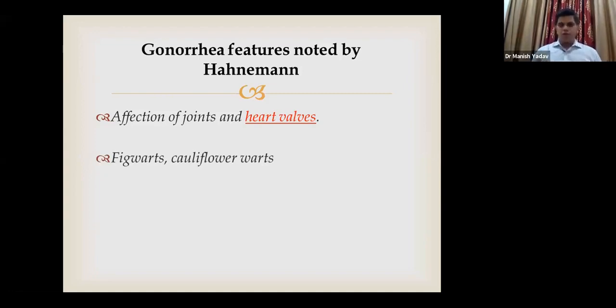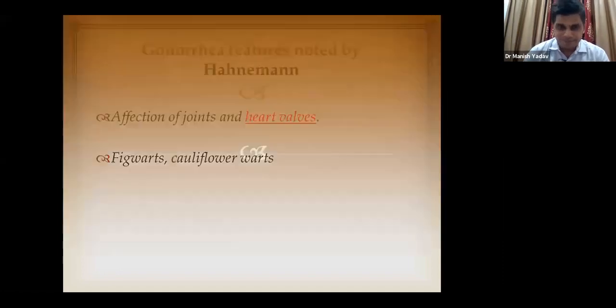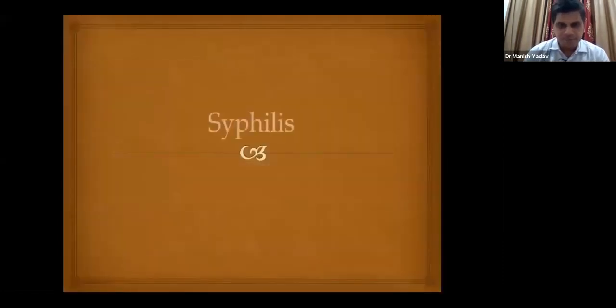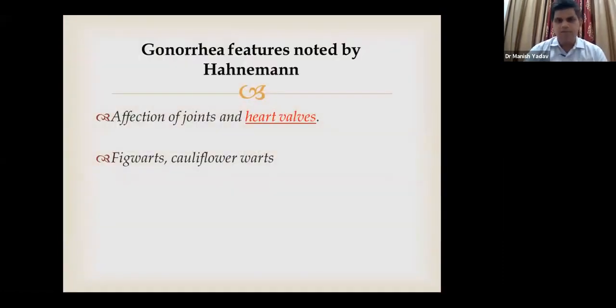Fig warts, condylomata warts. Of course, I'm not going to talk about this, because if we see warts, we just say, oh, this is psychosis. Definitely. That's it. That's in toto the features of psychosis. Of course, there are more things, but you have to read the book then.